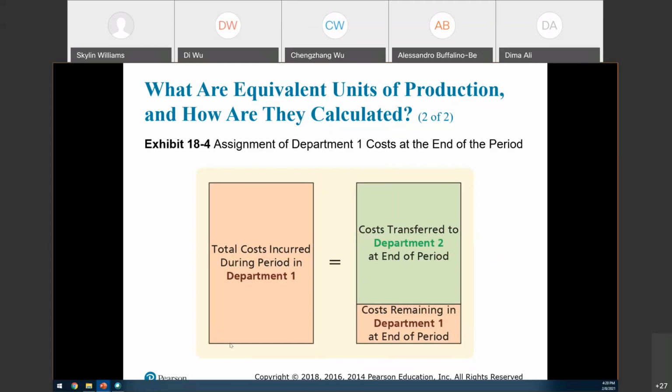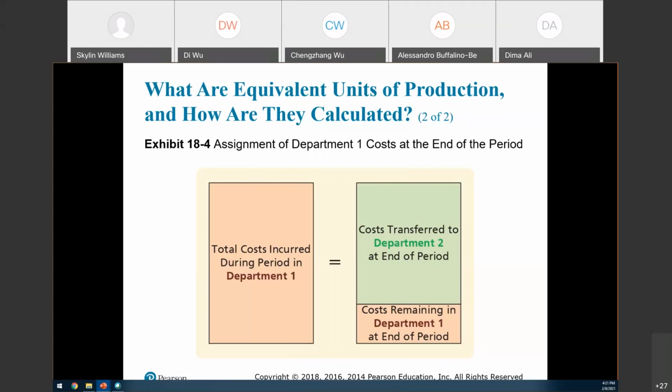Okay, this slide shows this concept. As you can see, the total costs incurred during the period in Department 1 can be split into two categories.